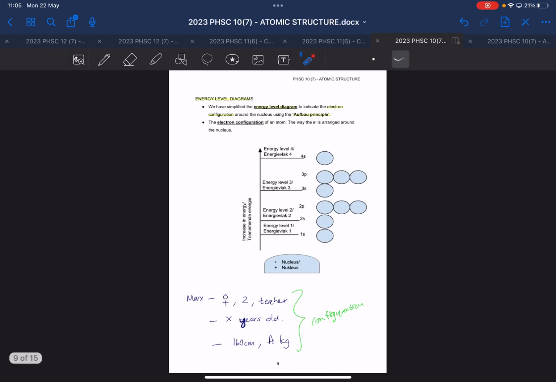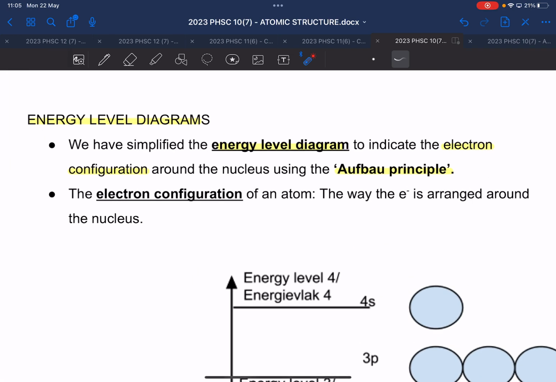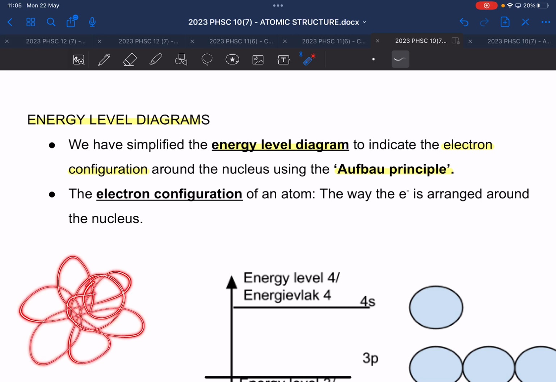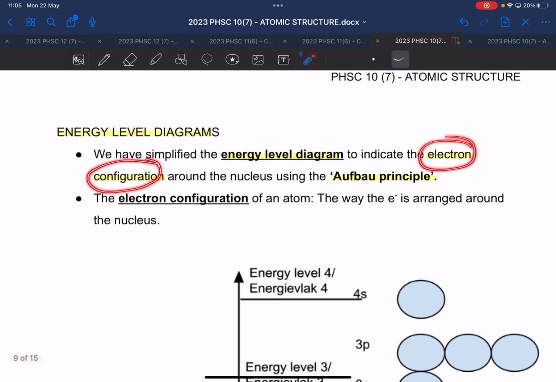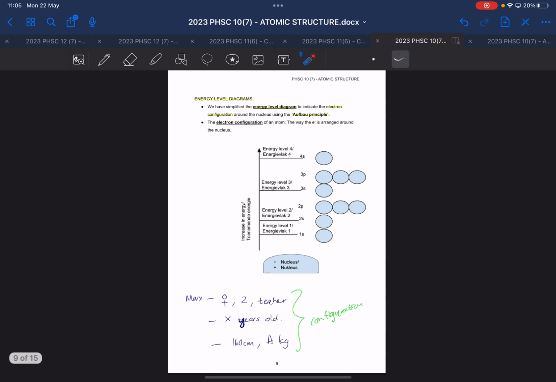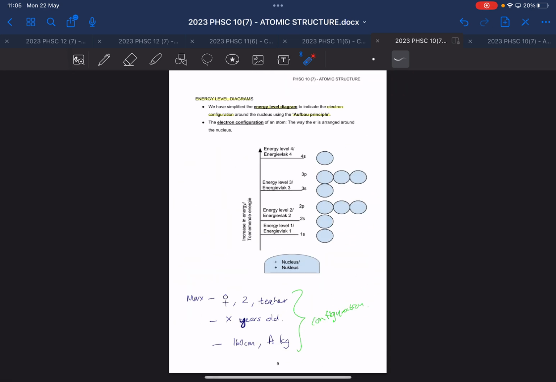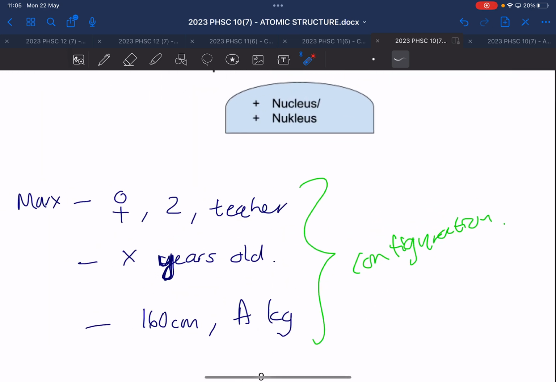All right. And we spoke about the energy level diagram. So instead of drawing circles and flowers and whatever, we can draw energy level diagrams, and that will help us to get the electron configuration with the Aufbau principle. Okay, now what is electron configuration again? I said, if you look at me, what do I consist of? What makes me me?